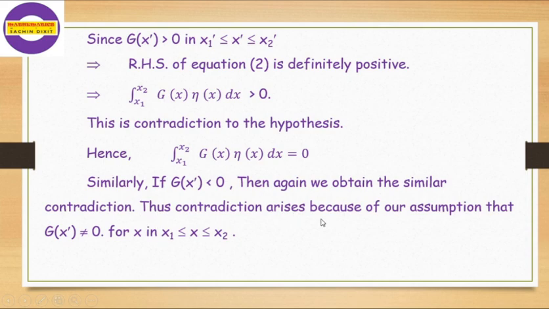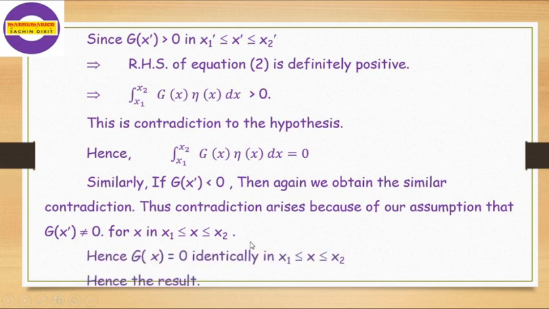Thus, the contradiction arises because of our assumption that g of x dash is not equal to 0 for x in x1 less than x less than x2. Hence, g of x must be identically equal to 0 in x1 less than x less than x2. This completes the basic lemma.